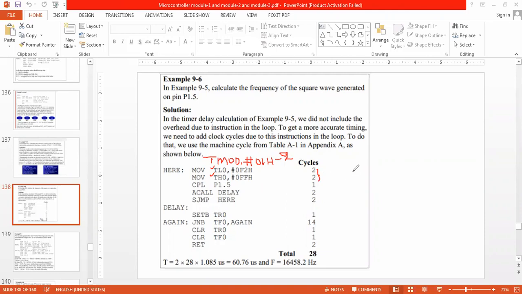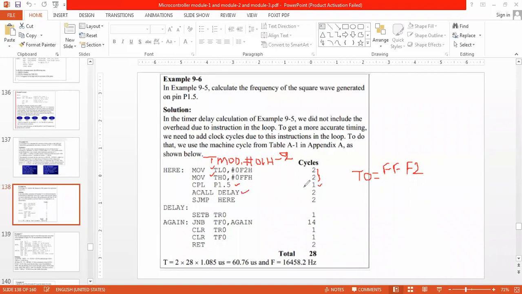Okay. And what is the T0 value? In mode 1, it is a 16-bit timer. Okay. So what is the total value? FFF2. Then CPL P1.5 will take only 1 machine cycle.